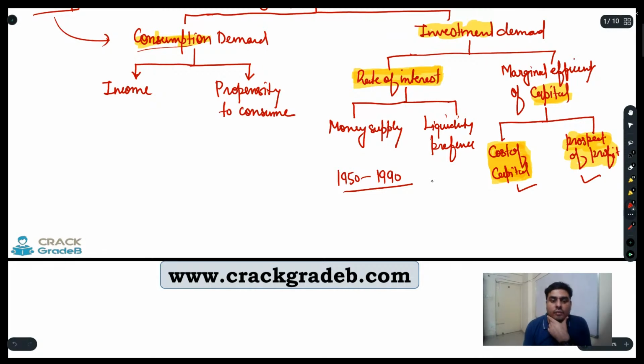And why was this rate of interest very high? Because the money supply was highly regulated by the Reserve Bank of India on the instructions, or on the policy, you can say the policy synchronization with the government of India, right? So money supply was very limited, and that money supply automatically pushes the interest rate.